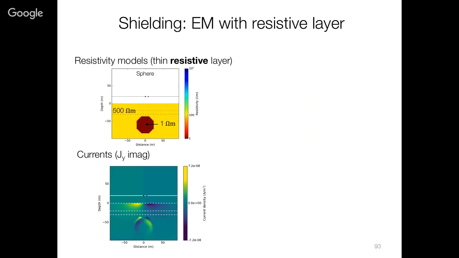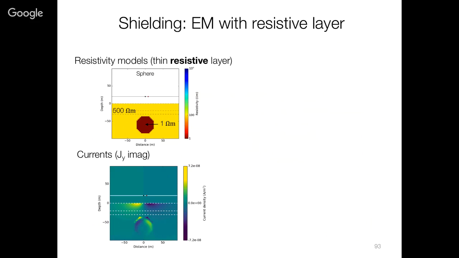With the inductive source, however, if we put in an EM source sitting right in here, here's our currents at a particular frequency, and what we see is that we have currents that are induced in that upper region in here, and here's our resistive layer.